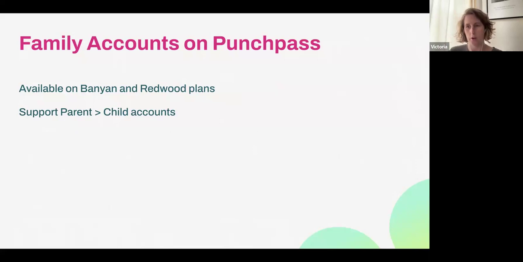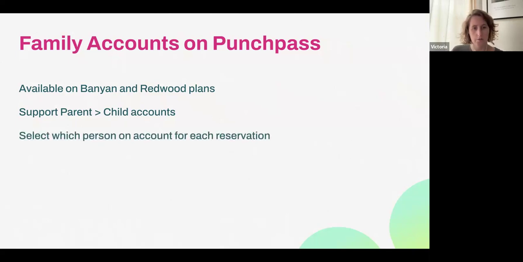But within the parent account, we're going to see where the children reside and how you can keep an eye on all of that. We're going to talk through selecting who's the person who's going to be on the reservation and walking through what that looks like, as well as on attendance. I'm going to talk about how the waiver feature works and how you can support that for all of the people on the family account.